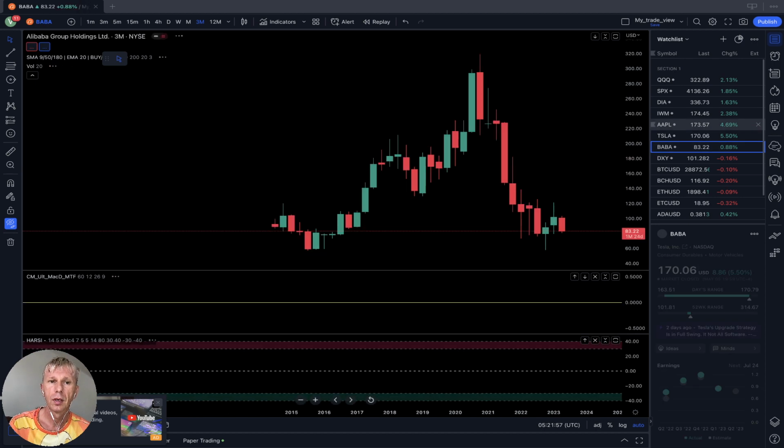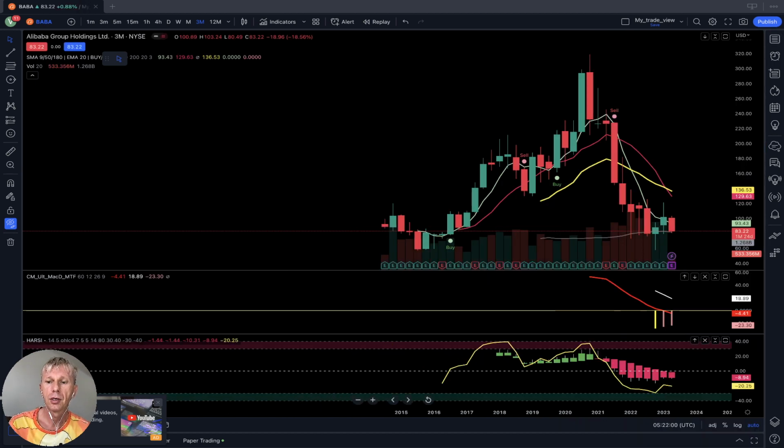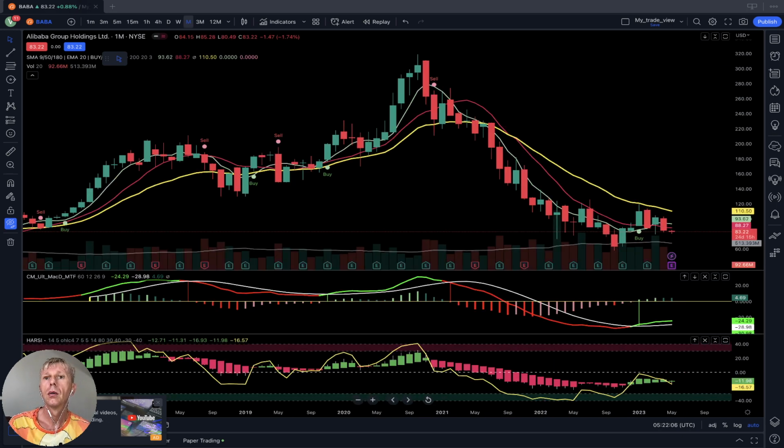Alibaba Group. Quarterly, bearish trend, not enough data, but it's bearish. Monthly, it's bullish. MA5 did bullish crossover. Buy signal by the script, right? MACD green bullish.